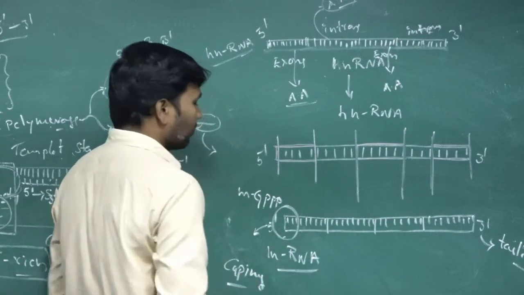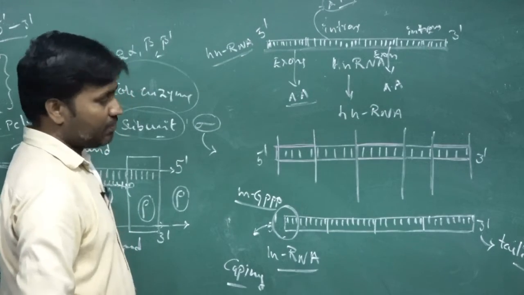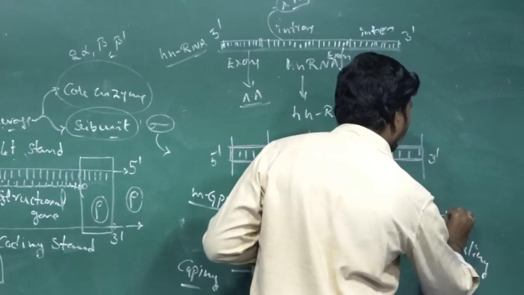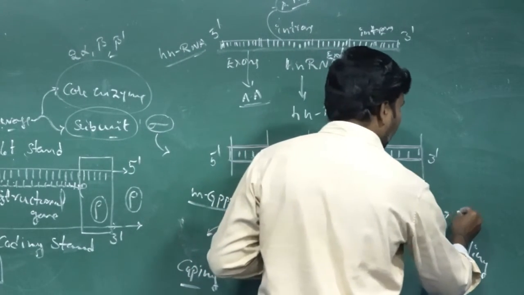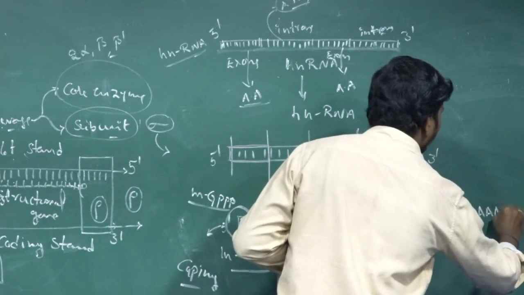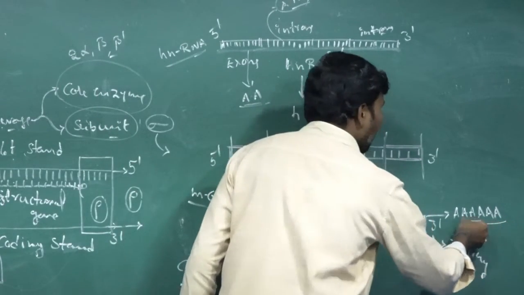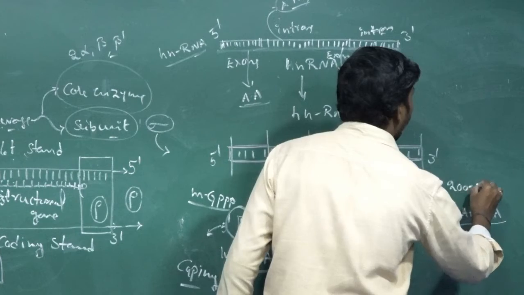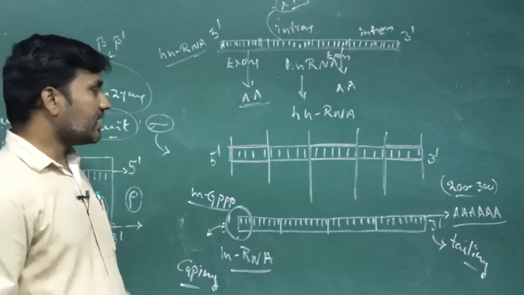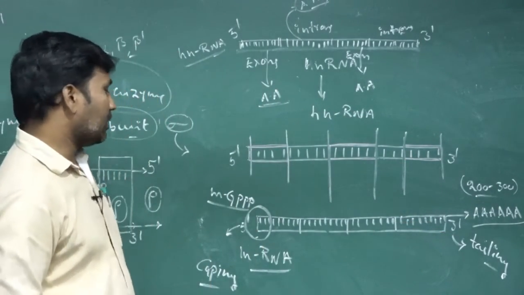Like this, the 5' end is covered by the added methylated guanine triphosphate as a cap. In the same way, to prevent damage to the 3' end, a number of adenosine nucleotides are added, generally 200 to 300 nucleotides as a chain after the 3' end of termination.